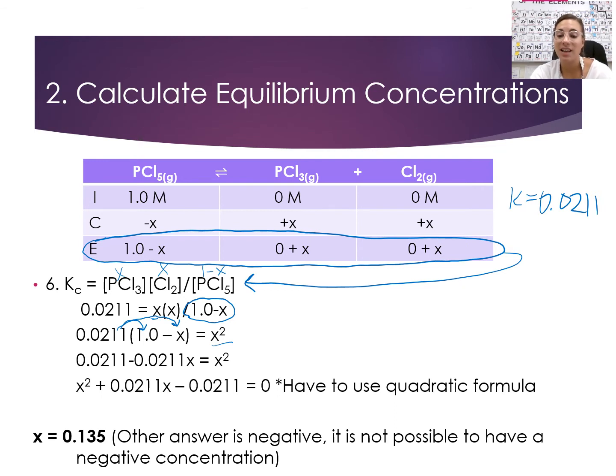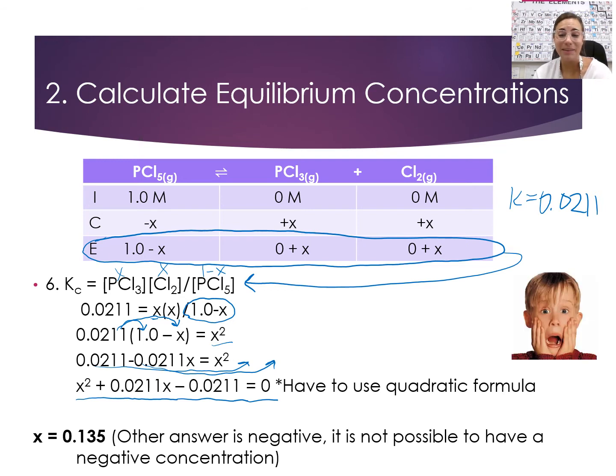If you'll notice, I'm setting this up like a quadratic: x squared plus 0.0211x minus 0.0211 equals 0. All I did was move this over here and this over here. If I have a quadratic expression, that means I have to use the quadratic formula.